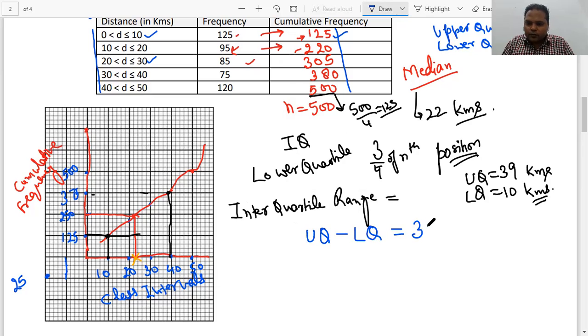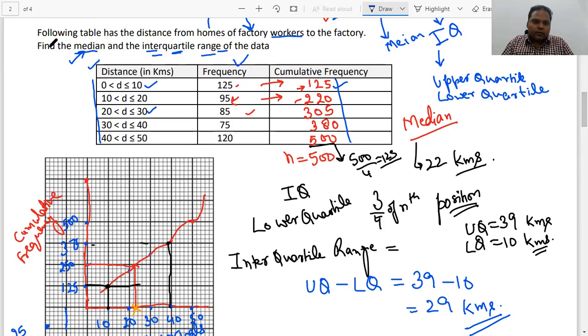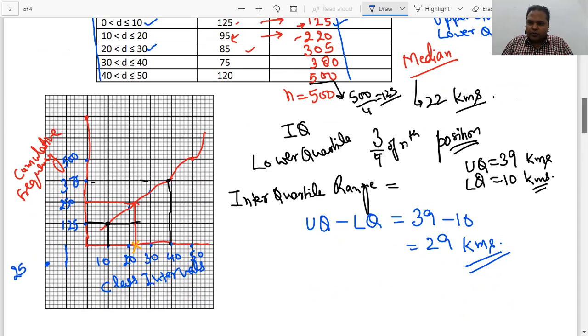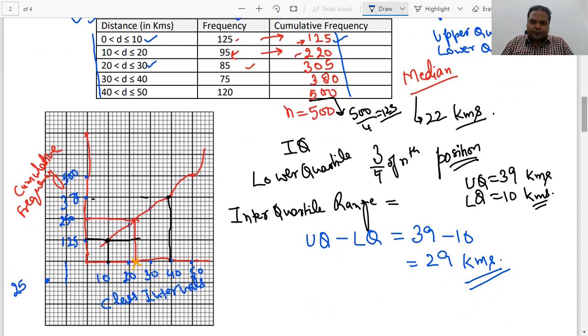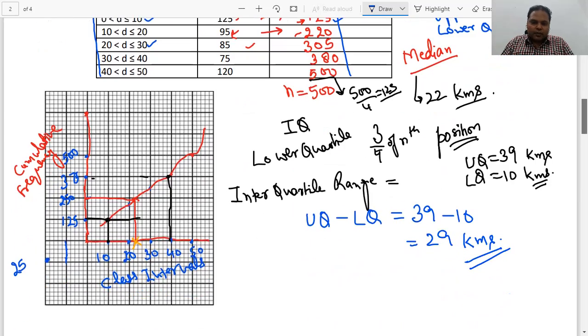So we can write 39 minus 10, and that's 29 kilometers. Right? So this is how we have found out the median and the interquartile range of the data which is given in the question. I hope you guys could understand and make sense out of it.